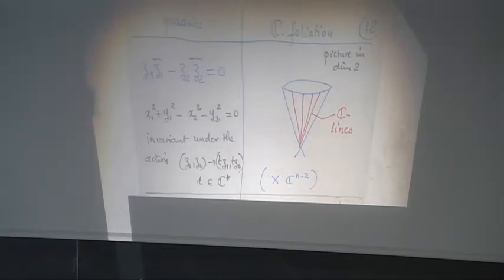That means if you have Z1, Z2 in the cone, you multiply by a complex number t, and the new point is in the cone. So if you think in dimension 2, that means that the foliation of the quadric by complex manifolds are the lines through the origin, the lines in the cone.